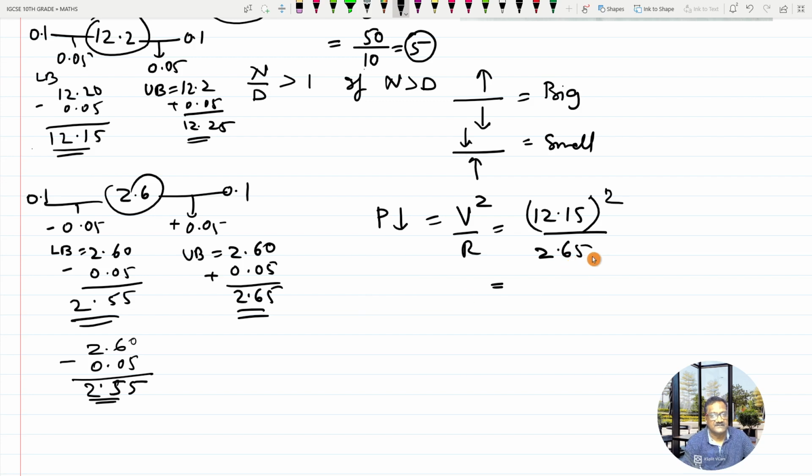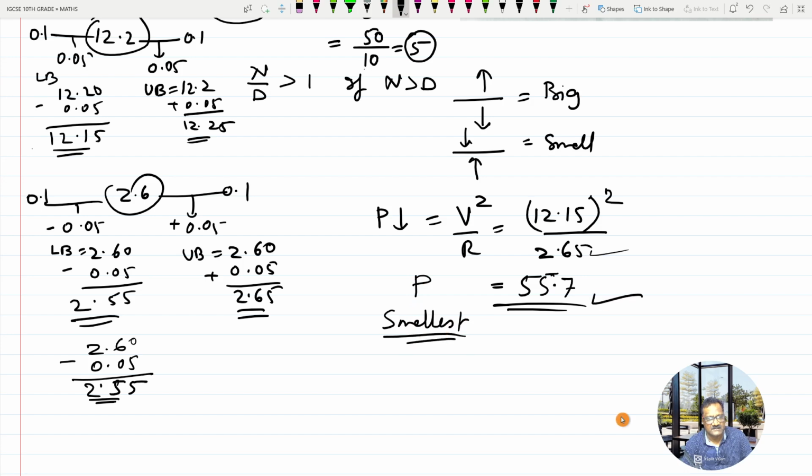This is correct. Let me check it again. 12.15 squared divided by 2.65, and that is equal to, yeah, 55.7 I'm getting. This is the value of that P. Okay, so this is the smallest value of P. So this is the right answer, 55.7.